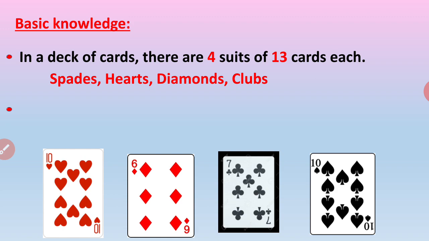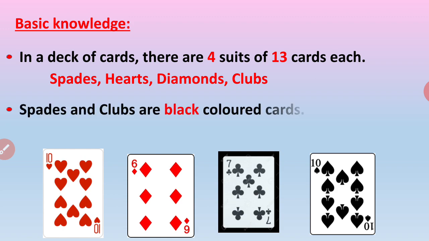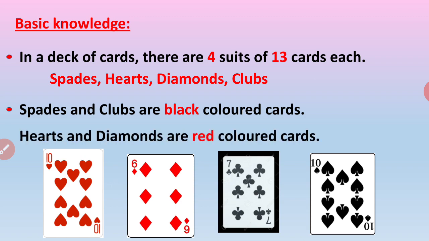And you have clubs, that is shown here by the black colored third card. So these are the 4 designs, the 4 suits which you get in a deck of cards. Spades and clubs are black colored cards. Those are the last 2. Hearts and diamonds are red colored cards. They are the first 2.